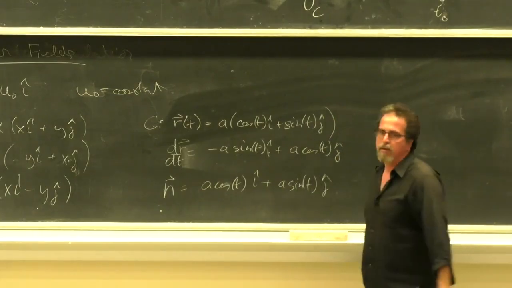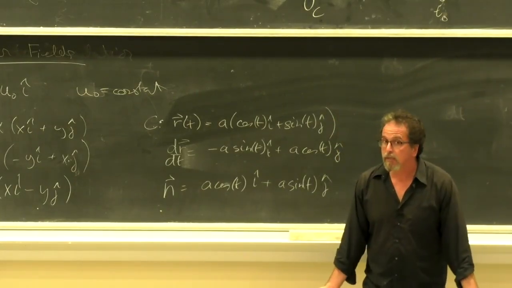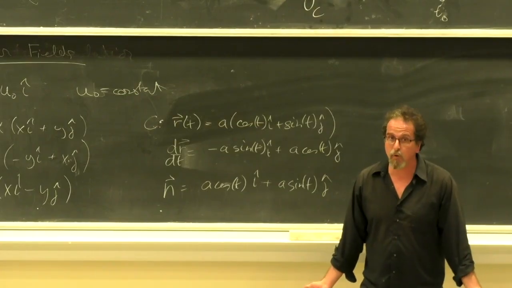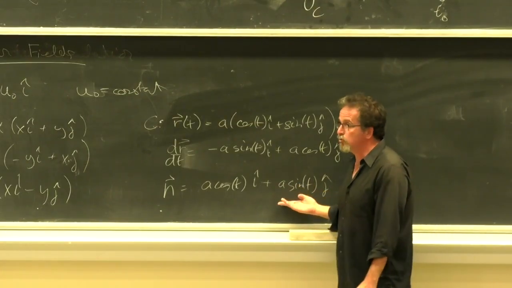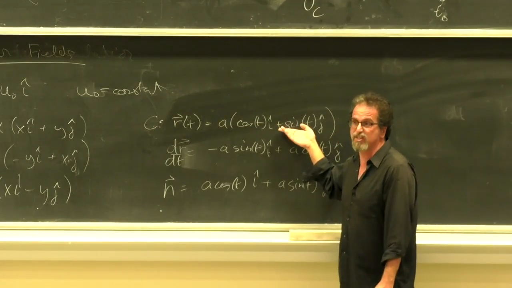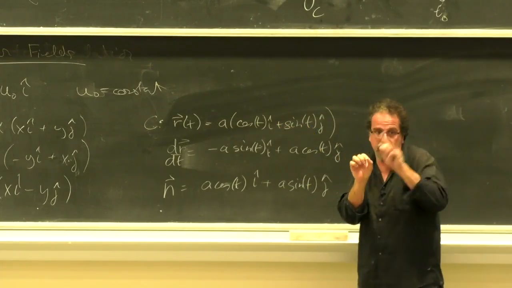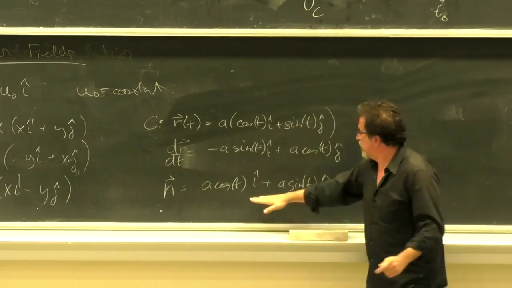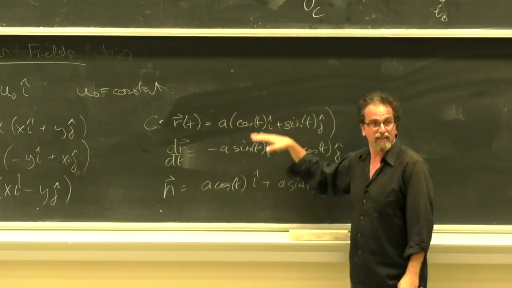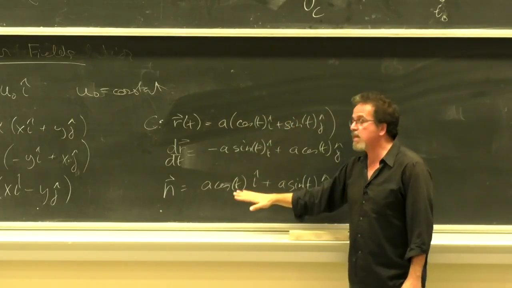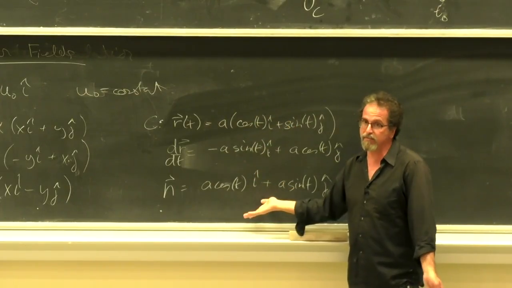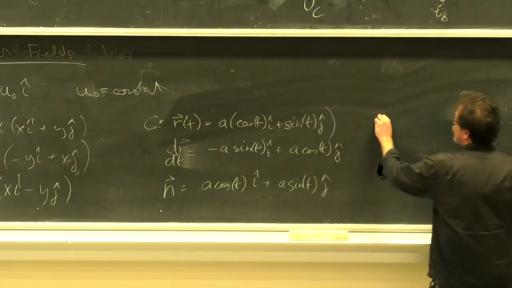By the way, the circle that's centered on the origin is the curve whose normal is everywhere parallel to its position vector, because if it's centered on the origin, your perpendicular is radially outward. Now this is not the unit normal. I have to divide it by its length, which is pretty straightforward.